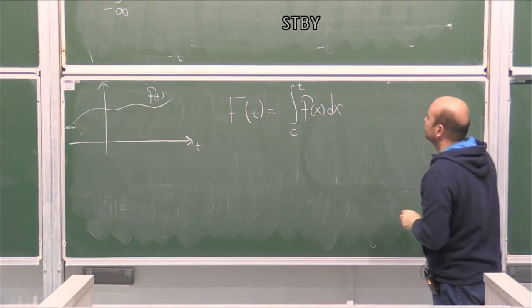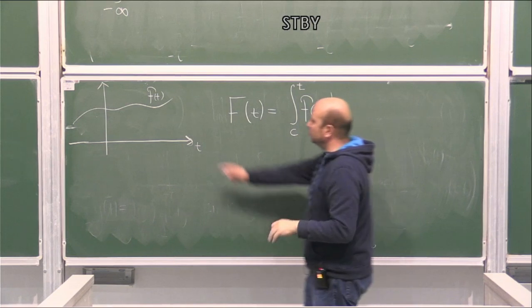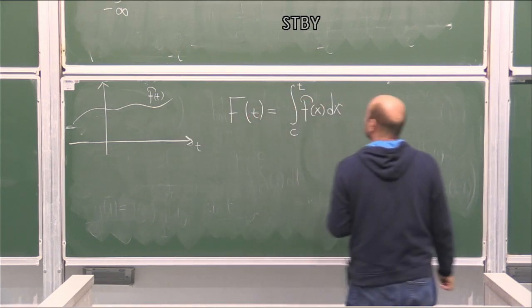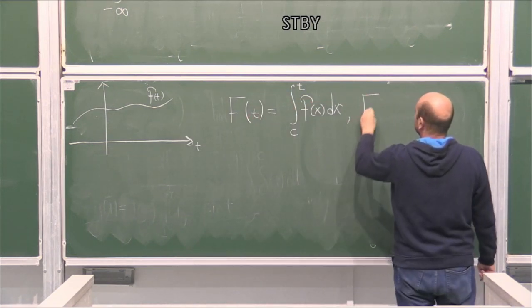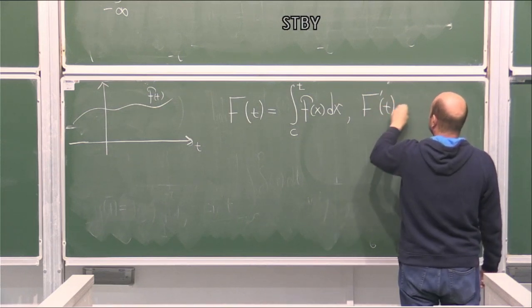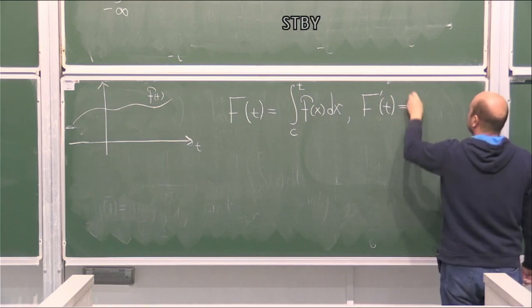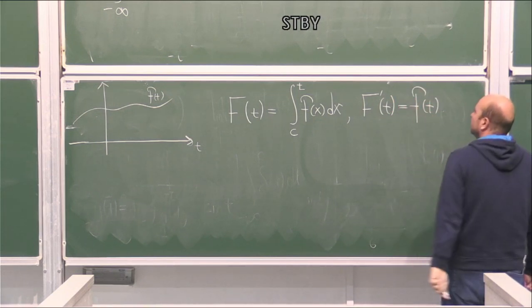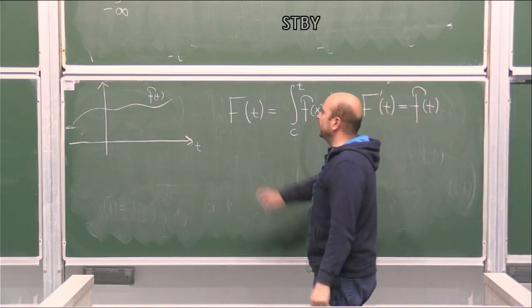FTC says that if it's a continuous function, then its derivative is exactly equal to the inner function.